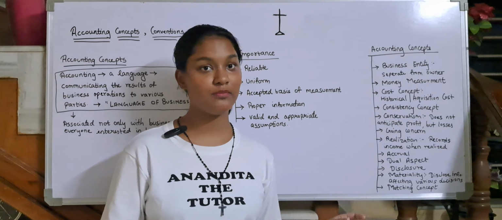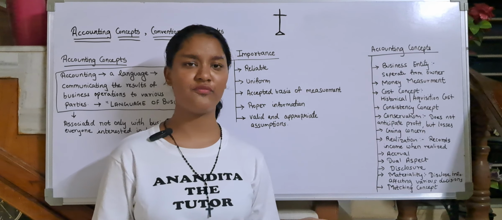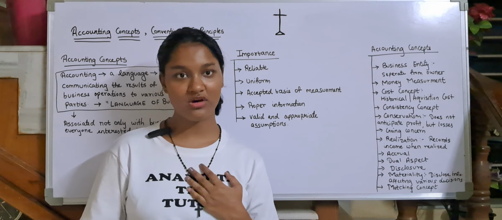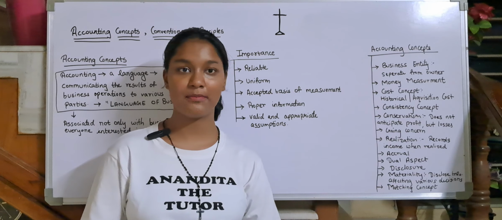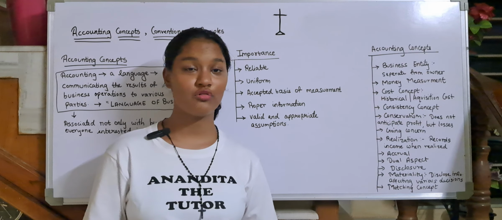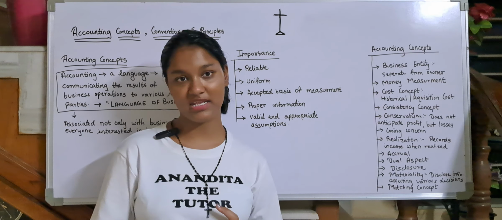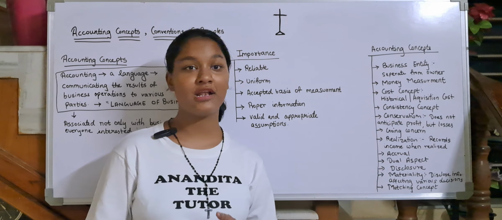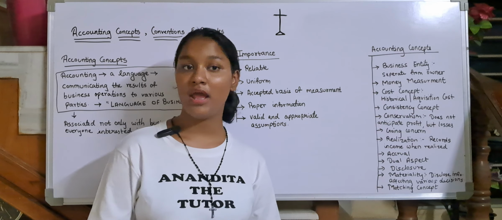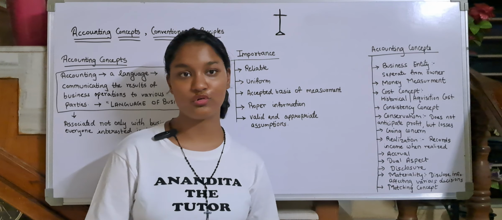Conservatism. So conservatism is you are not anticipating profit, but you are anticipating losses. Now for example, my mother always tells me, पेपर देने के बाद मैं जब भी आती हूँ, my mother always tells me कितना मिलेगा. तो अगर 20 marks में से if I am getting 17 marks, I should not tell her 17. I should tell her 15. I have to anticipate that I will lose those 2 marks.